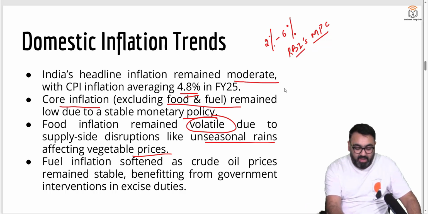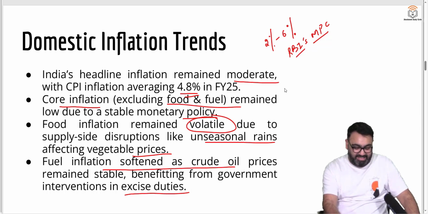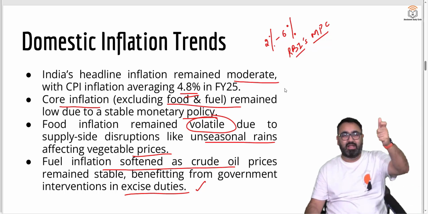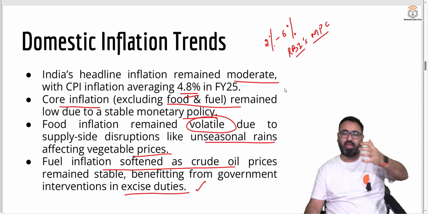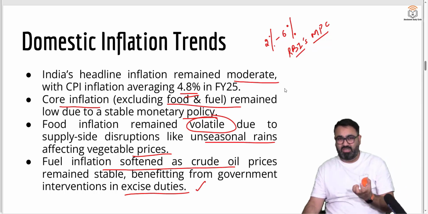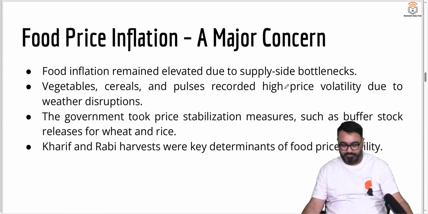Fuel inflation specifically was not very high because the government intervened in excise duties. For example, if fuel prices globally increase, the government reduced the tax so that the end consumer would have to pay the same. So while food was a concern in terms of weather events, fuel was not really a concern because the government handled that better.